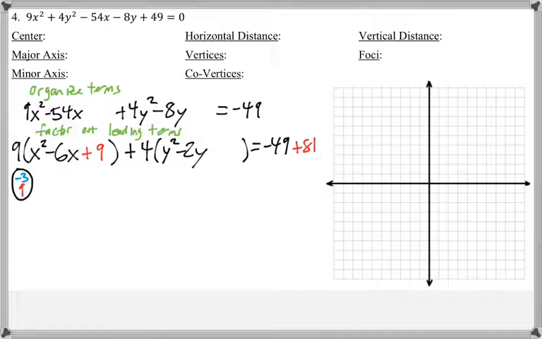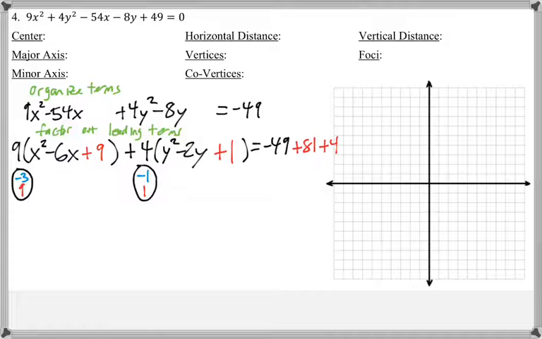Okay, then I need to complete the square over here, and half of negative 2 is negative 1, and if you square that, then you get positive 1. So I put a plus 1 here, but to keep this legal, I actually need to put a plus 4 over here because this 4 is being multiplied by this plus 1.